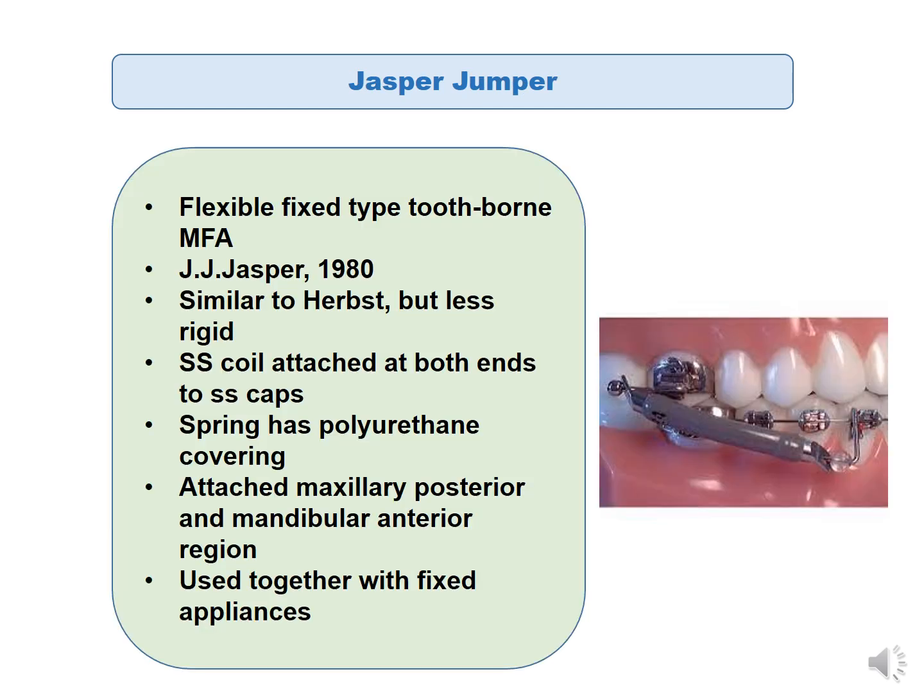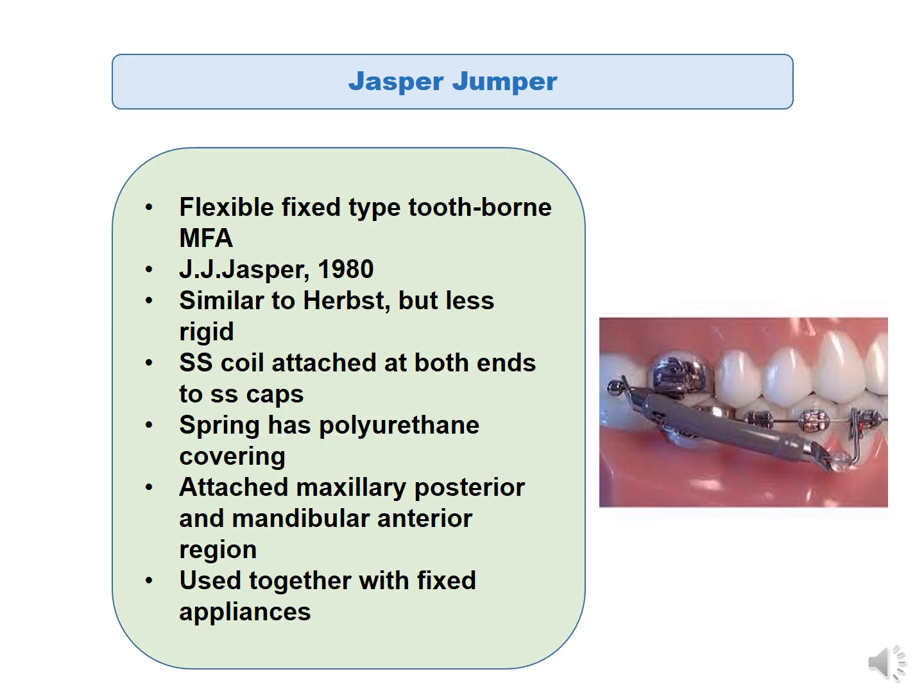Now, the Jasper jumper is also a fixed type of functional appliance, but it's a flexible fixed appliance which is tooth borne. It was introduced by Jasper in 1980. It is similar to the Herbst but less rigid than the Herbst. It consists of a stainless steel coil attached at both ends to stainless steel caps.